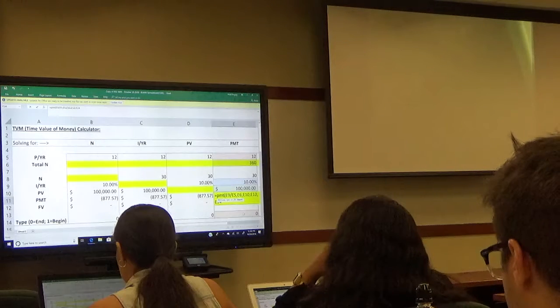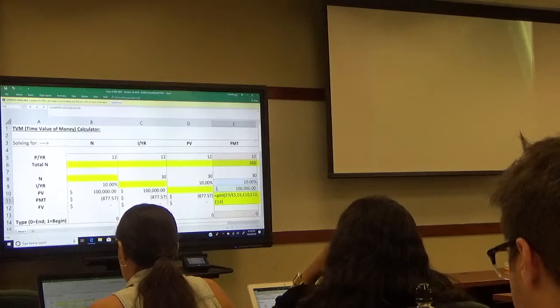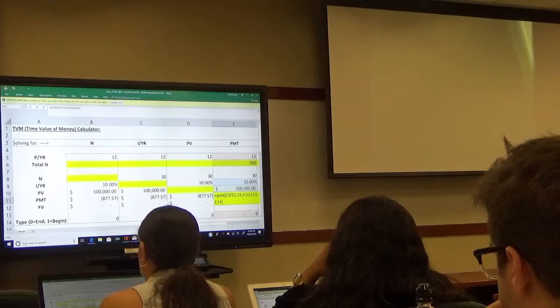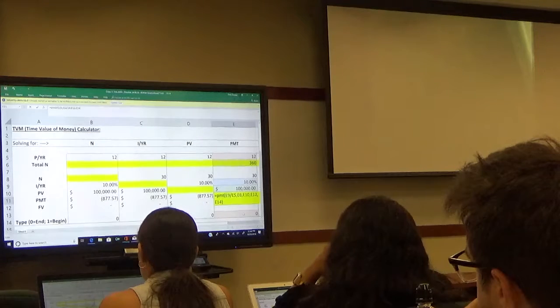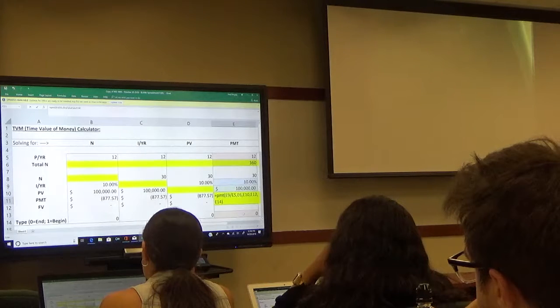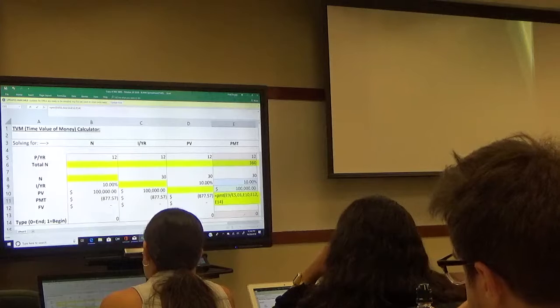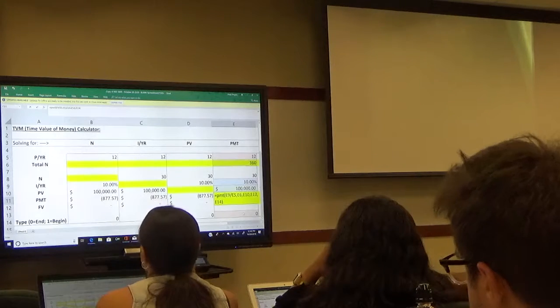Now I'm going to explain that here in a second, but before I do, let's just go ahead and make sure, let's see if you match everything that I put in so far. So it should be equal payment E9 divided by E5, comma, E6, comma, E10, comma, E12, comma, E14. Okay, everybody good with that?